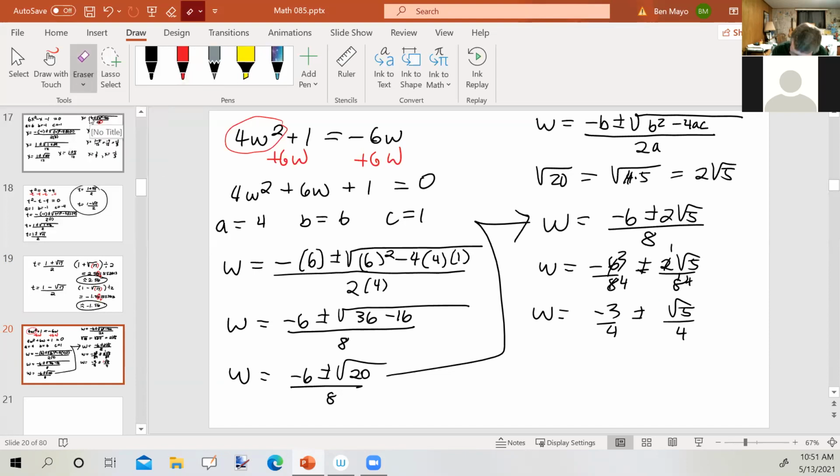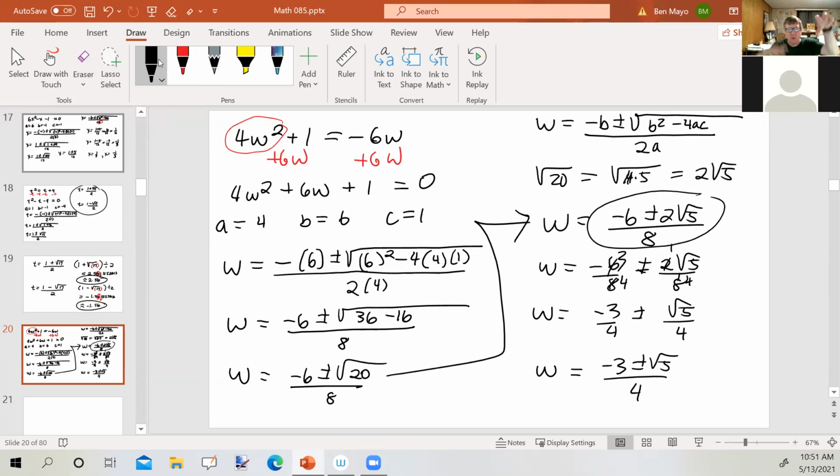It's implied. So now I've got the same denominator, so I could, in fact, write it like that. So what I've done is I've reduced that down by taking a 2 out of each term in the top and a 2 out of the bottom. Are you okay with that? Yes.